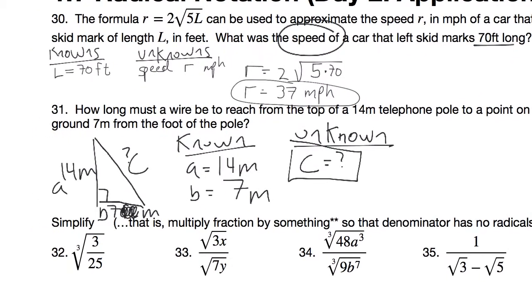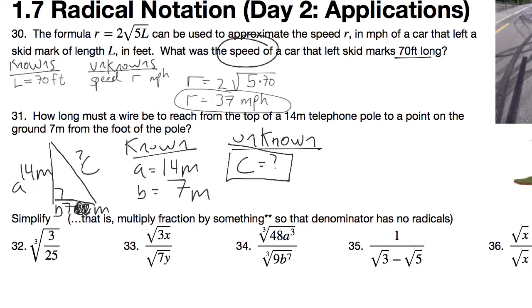Well, we do know that A squared plus B squared equals C squared. That's the Pythagorean theorem. So this will be 14 squared plus 7 squared is equal to C squared.